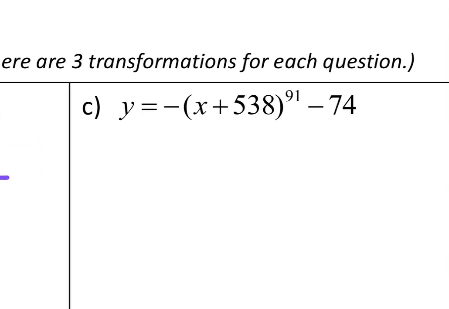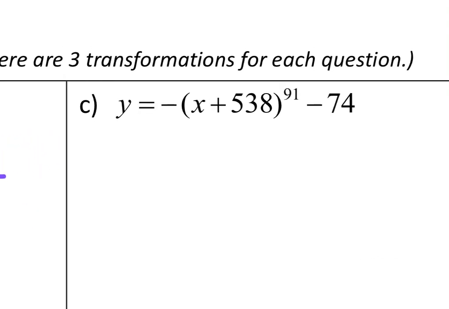And finally, in letter C, I see this flip, and I see this shift to the left, and I see this shift down, and that 91 doesn't have anything to do with any of those. So the minus out front is that flip over the x-axis.